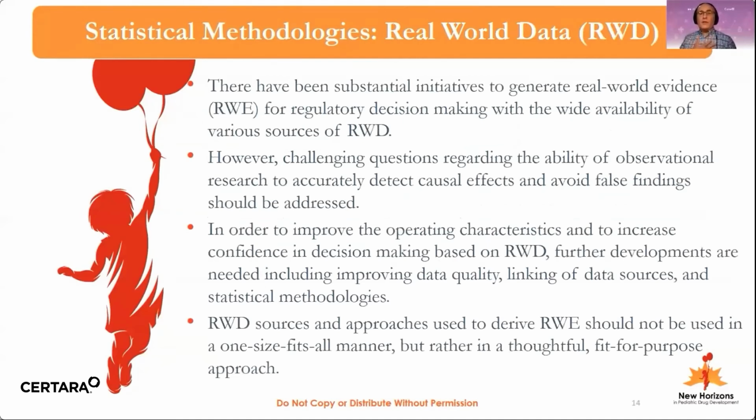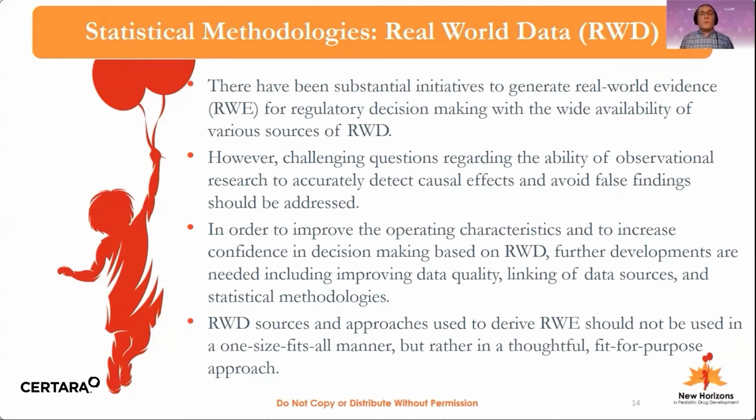And here we go, moving to another topic: real-world data and real-world evidence. These terminologies have been very popular lately. These are powerful tools to make use of already existing data, especially with pediatric trials and rare diseases, where it is very challenging to conduct clinical studies.